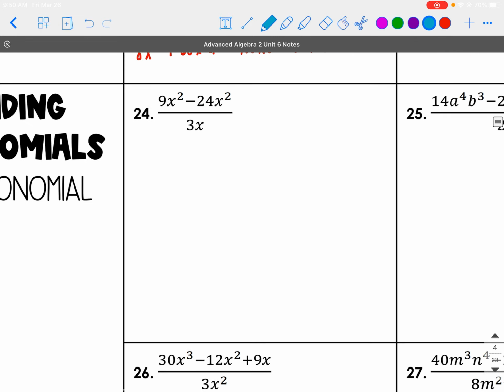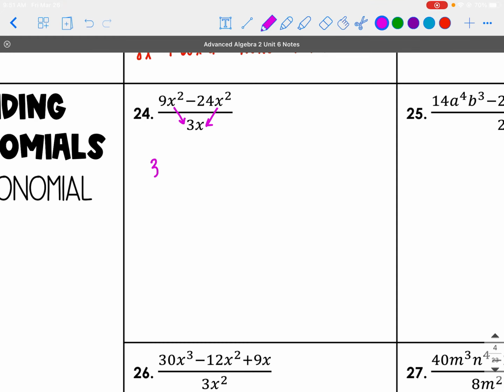All right, number 24. When we are dividing by monomials, we divide each term in the top by the bottom. So I would take 9x squared divided by 3x.